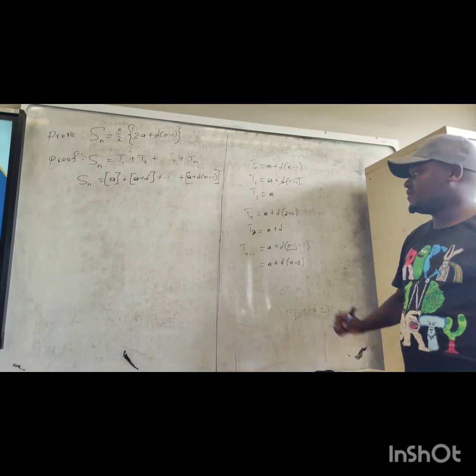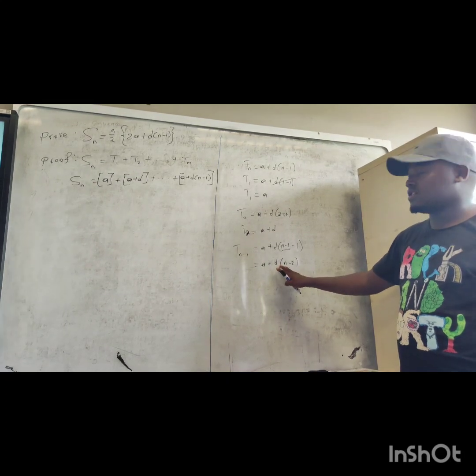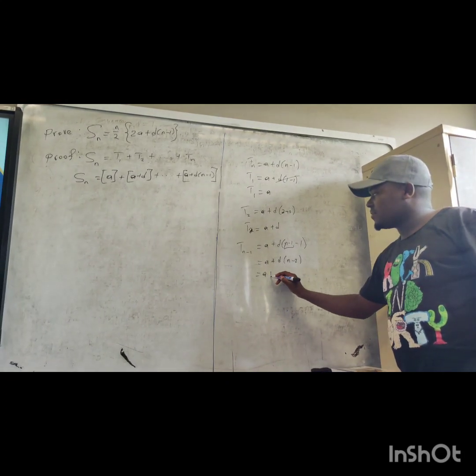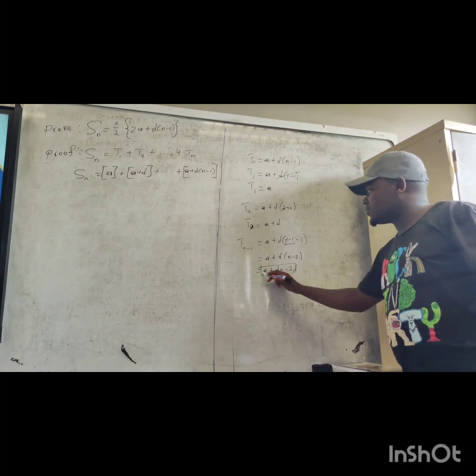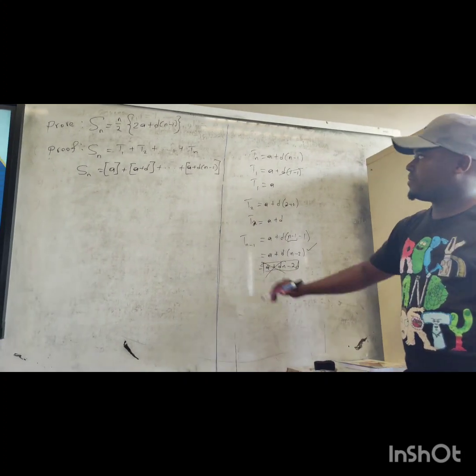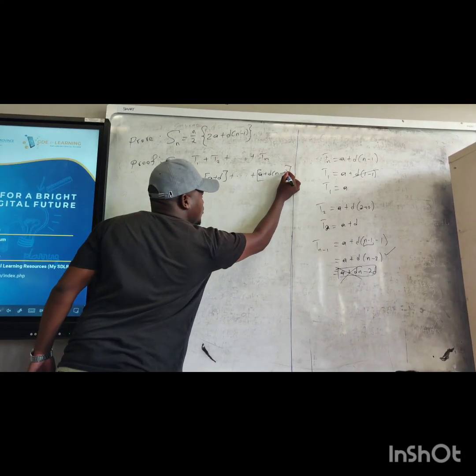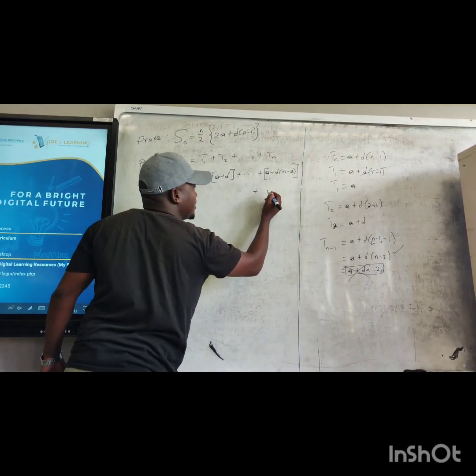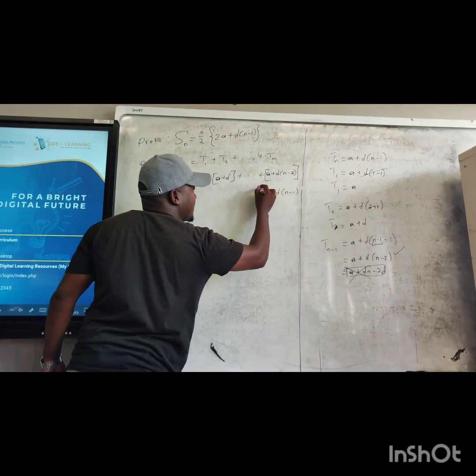You can leave it here. If you want to multiply, you can multiply, meaning you can have A plus Dn minus 2D. But it is proper if you leave it here. So I can find the second last position by just writing a 2 here, and then the last position will be A plus D into n minus 1.